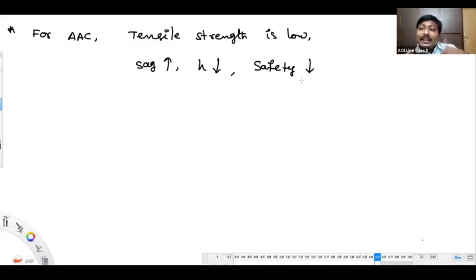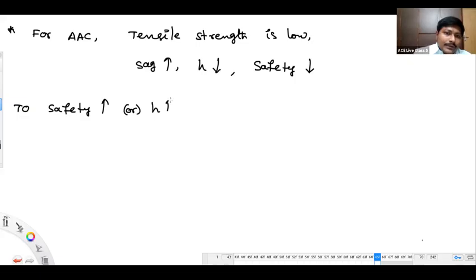But additionally, we are getting the problem of more sag and low ground clearance. So this problem we have to avoid, which means we have to think about increasing the safety of the system, or you can say increasing the ground clearance.